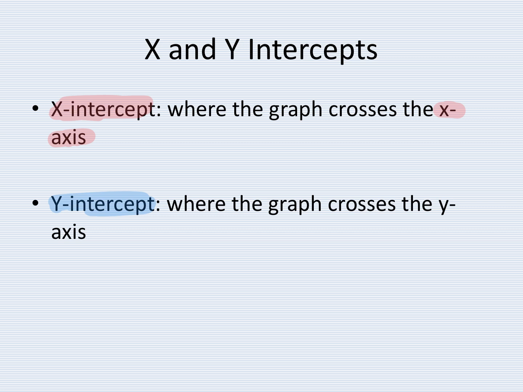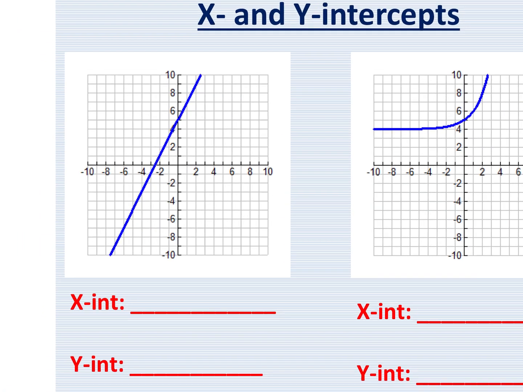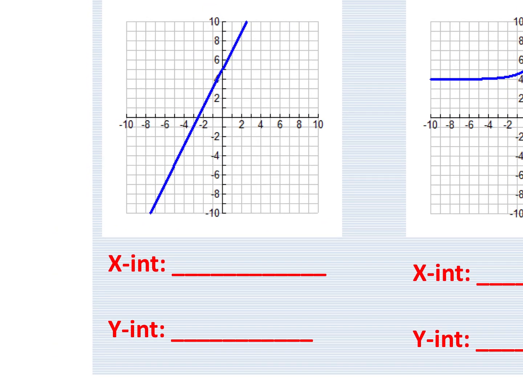The y-intercept is where it crosses the y-axis. So all you got to do is go and look and find points where that happens. Okay? Looking at our two examples here. Okay? On the first example, is there a point where it crosses the x-axis?